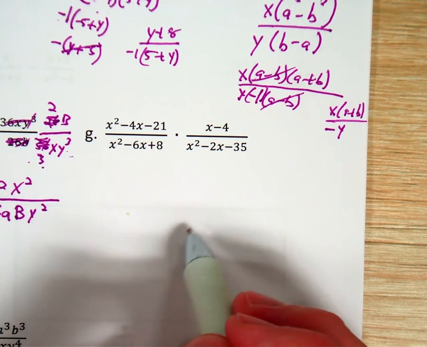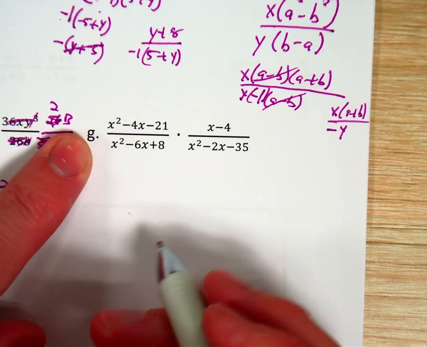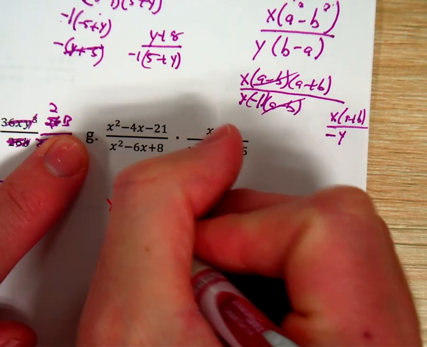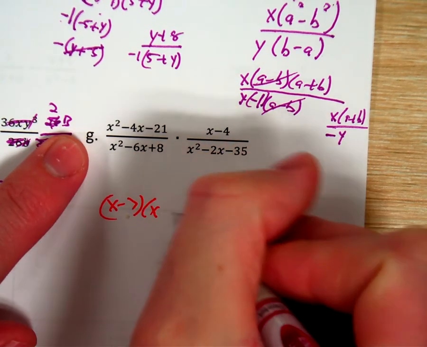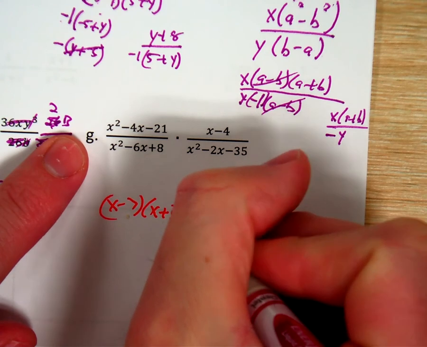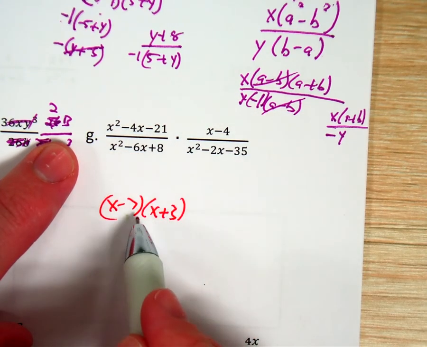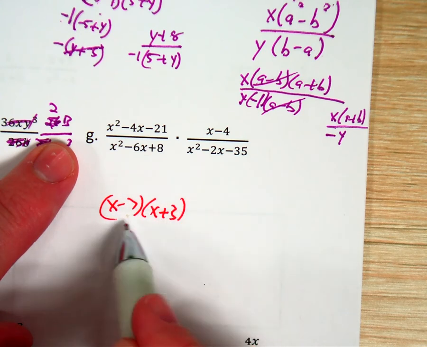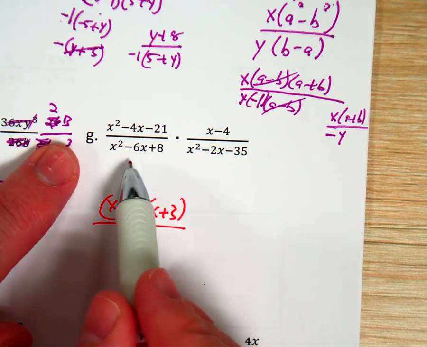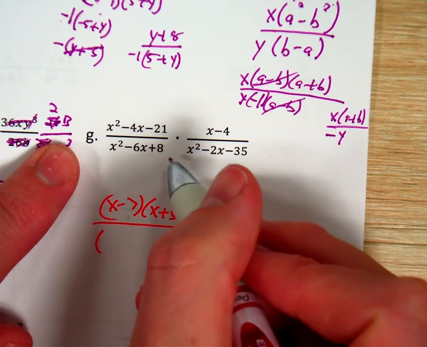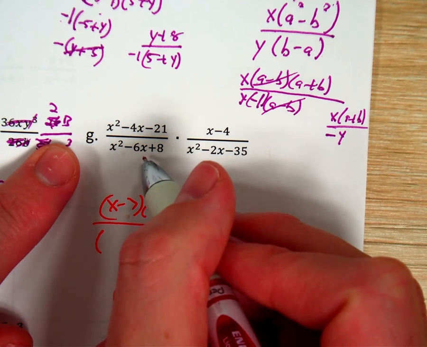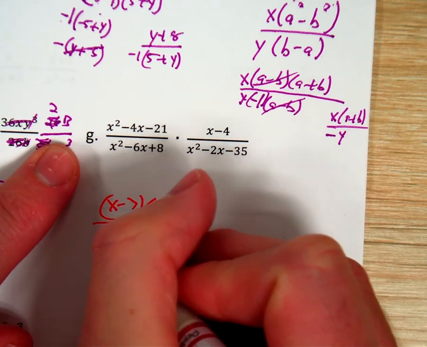All right, top left, we're going to have x minus 7, x plus 3. What multiplies to negative 21 and adds to negative 4? Negative 7, positive 3. Okay, on the bottom, what multiplies to positive 8 and adds to negative 6? How about an x minus 4 and an x minus 2?